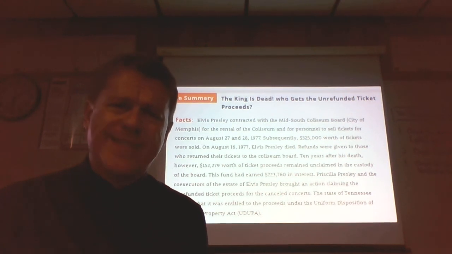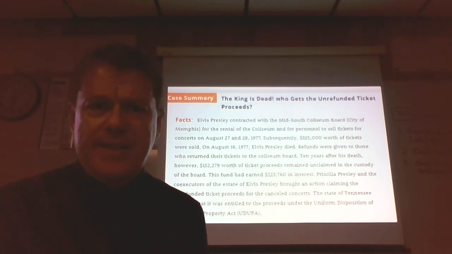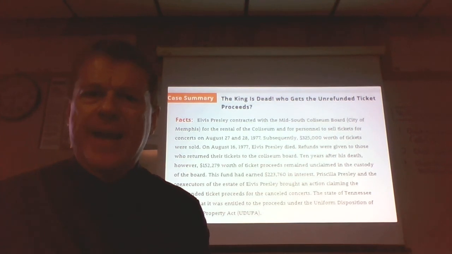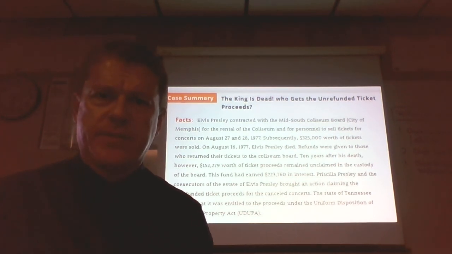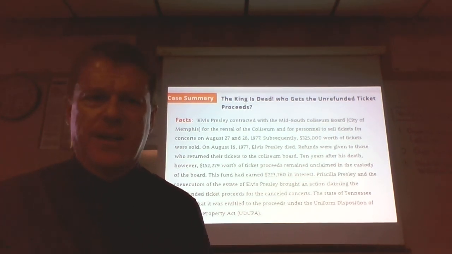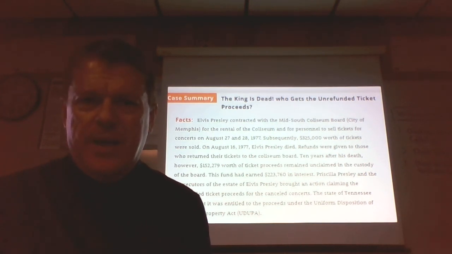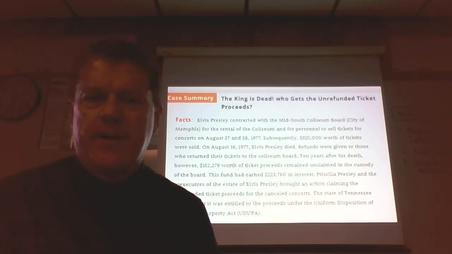The problem though is that there's money floating around now in an account that the venue has access to, and they can't really claim those funds normally, because, well, the concert never happened.